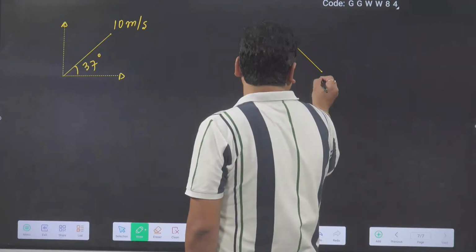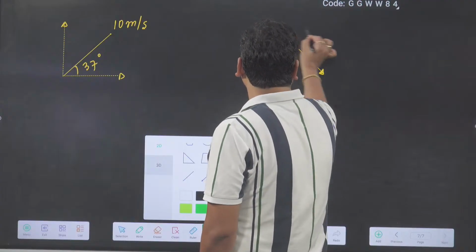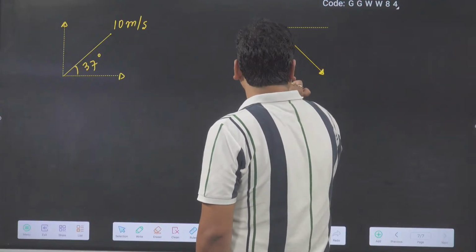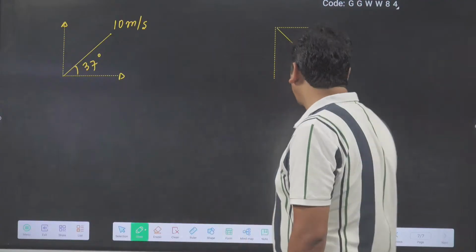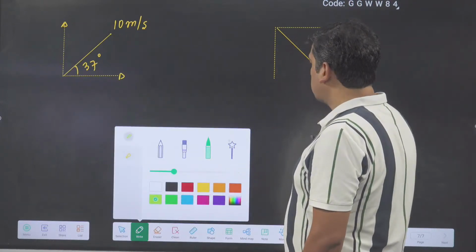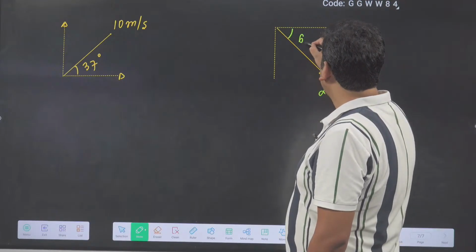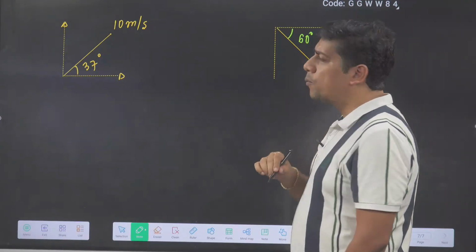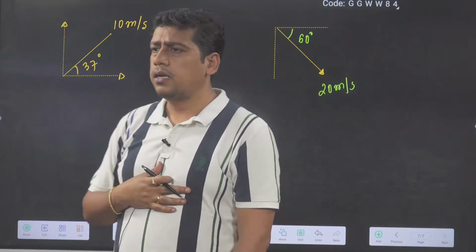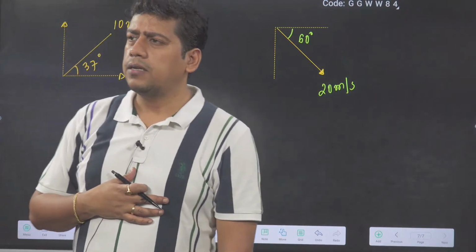Here also, they will say the rain is falling, this and that. We are not going to numerical, we are just asking you to find the components. Let's say this is 20 meter per second and this angle is 60 degree. Find x component and y component. Come on, at least tell me the answer of such a question.